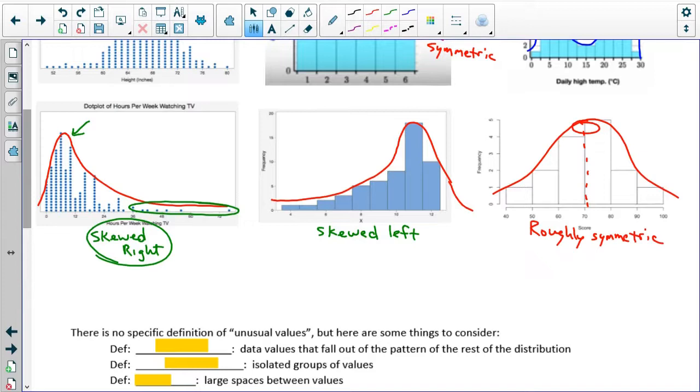And just a really quick example, there's a story about the University of North Carolina and the major that gives the highest average salary for people that were in that major.